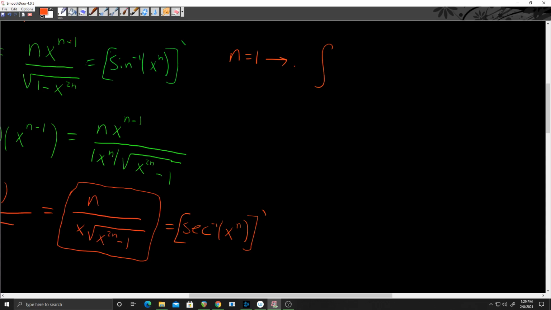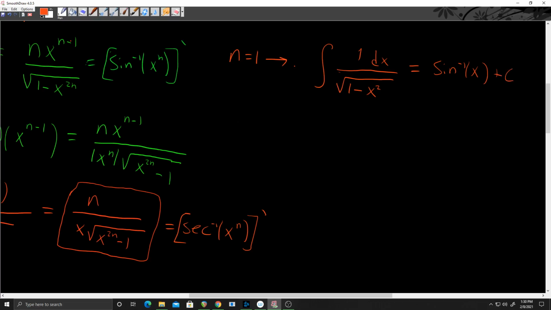So we just wind up with 1 on top over the square root of 1 minus x to the 2 times 1. So that's going to be 1 minus x squared. And of course, we have to have our dx up here. And so now, just by looking, we can immediately see that this is going to be the inverse sine of x, plus c.